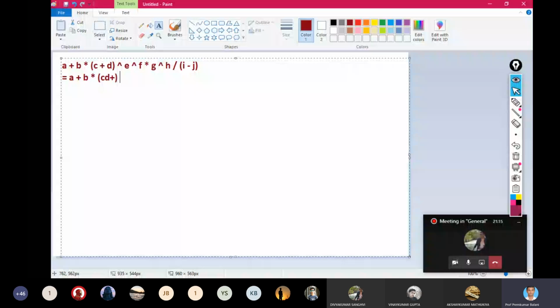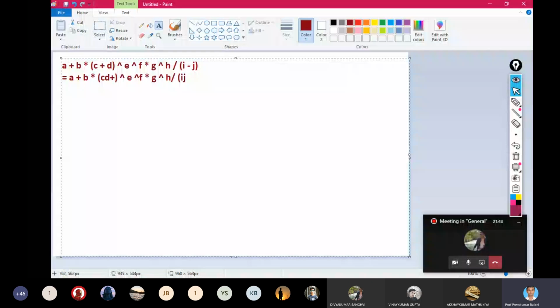Then raised to E raised to F multiplied by G raised to H divided by, now I minus J, right? So that I want to convert to postfix I, J and minus.